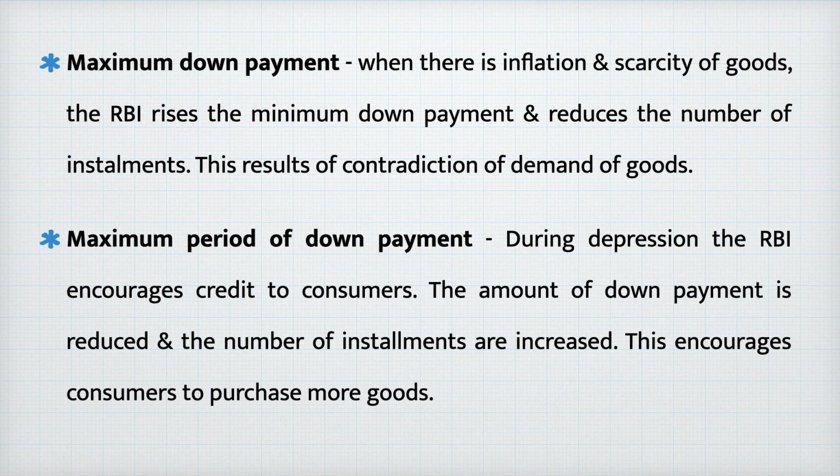Let's say the price of a particular commodity is rupees 10,000. And since in this condition of scarcity of goods, the RBI has maximized the down payment, out of that 10,000 rupees, the company is asking you, if you want to purchase the goods, because there is less supply and more demand, at least you need to pay rupees 4,000 as down payment.